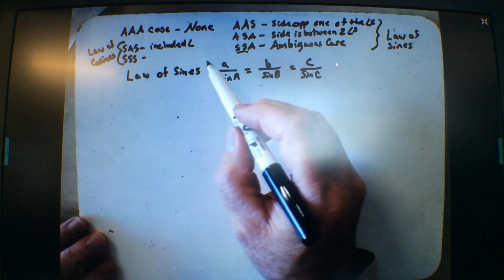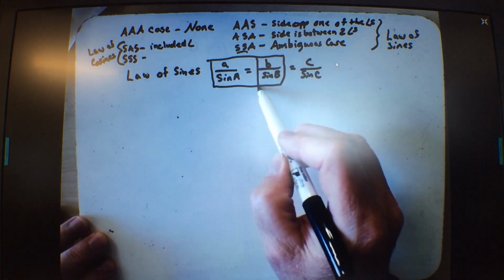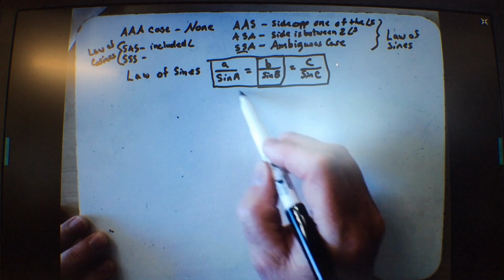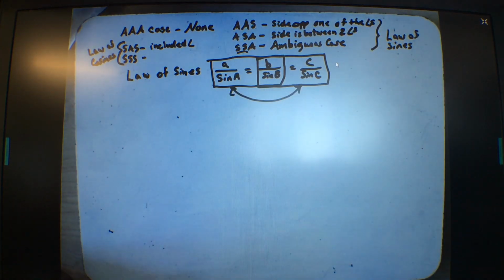I can use this part of the proportion, this part, or these two on the outside. I can put any kind of proportion I want. This is called an extended proportion, but we're only going to use part of it.